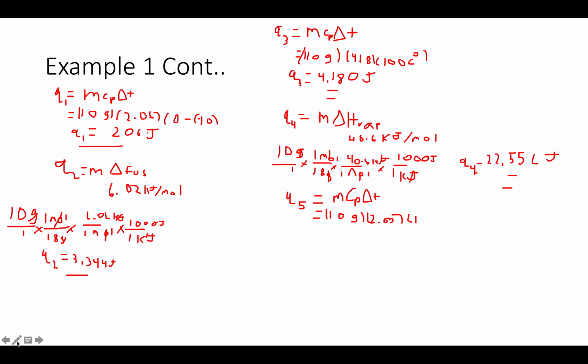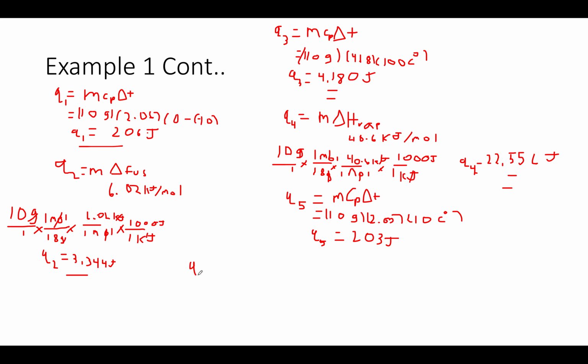Change in temperature is 10 degrees Celsius. So Q5 equals 203 joules. All positive values for Q.